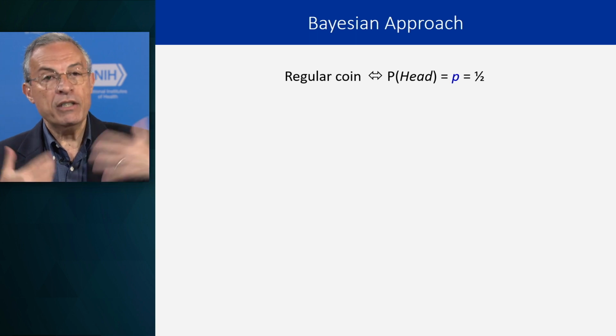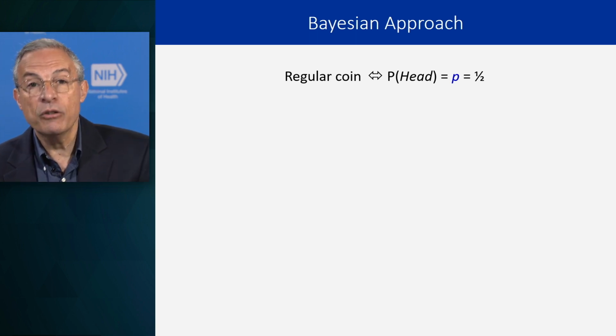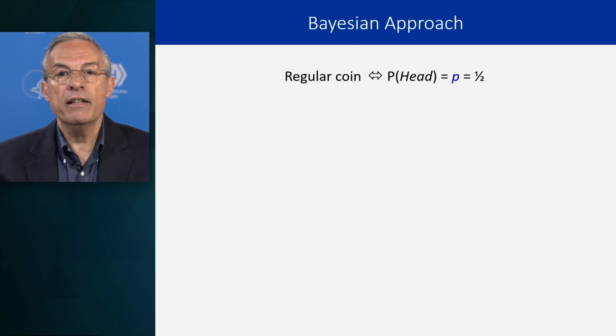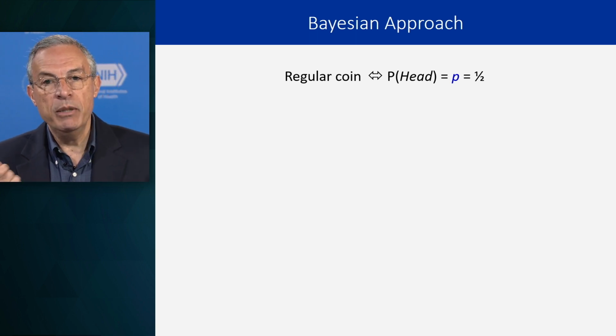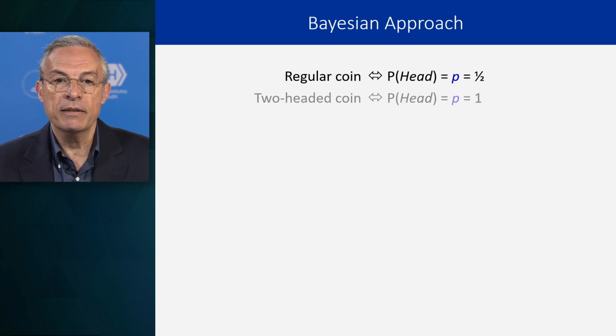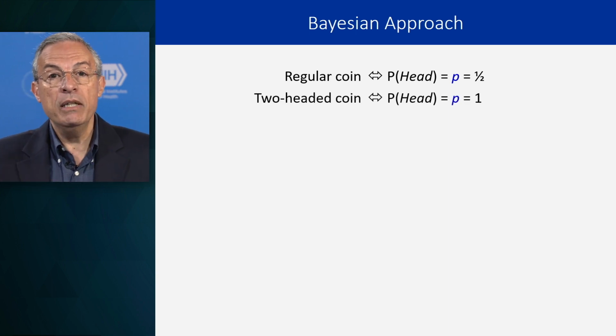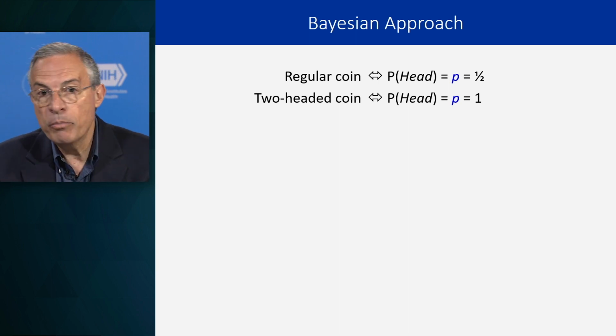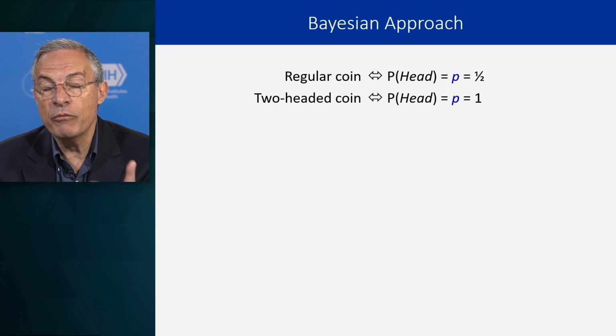If I tell you I have in my hand a regular coin, it's the same thing as if I told you the probability of getting a head is 1/2. P is 1/2. Regular coin and P is 1/2 are the same thing. And the two-headed coin and P is equal to 1 is the same thing. So we're talking about the same. So the Bayesian approach sees P as a random variable.